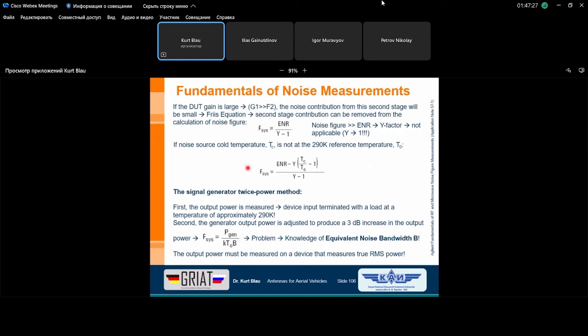And so if you have such an amplifier and want to know its noise figure, then we can apply another method, which you can apply instead of this Y method here. If you have such a device with a higher noise figure than the excess noise ratio, then we can use the twice power method.